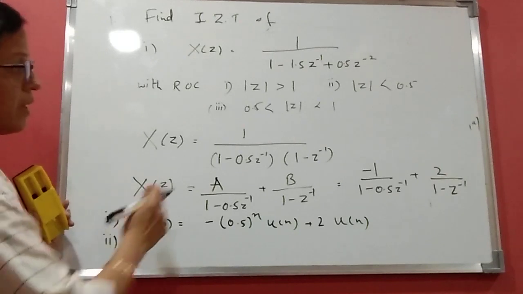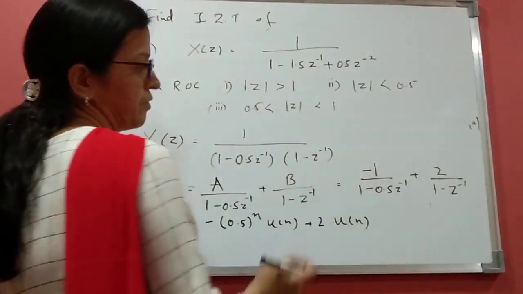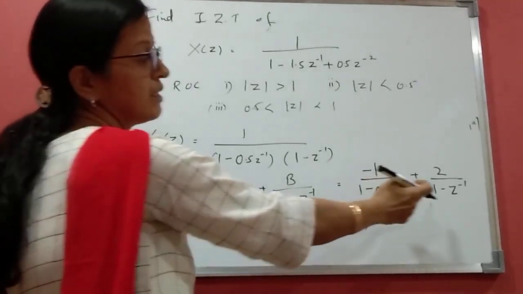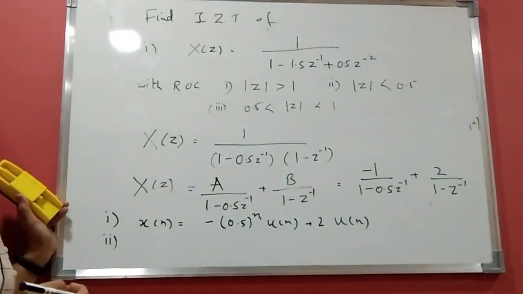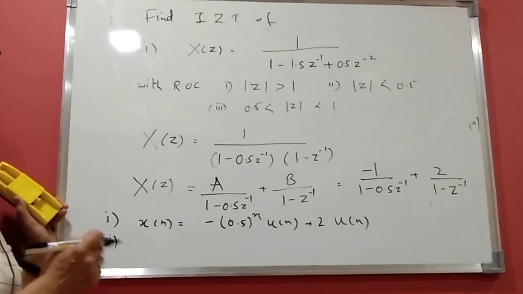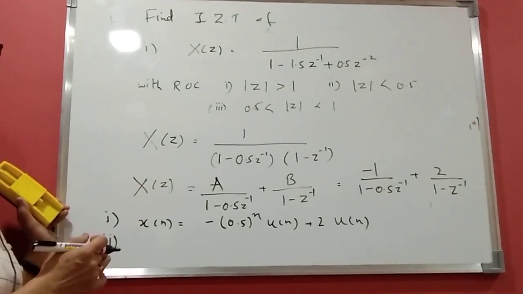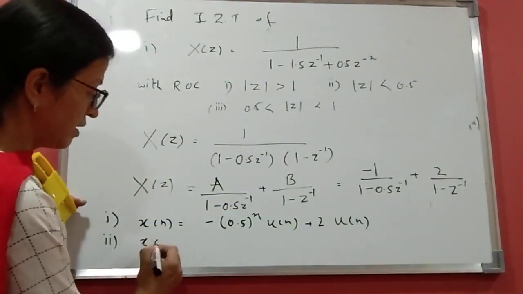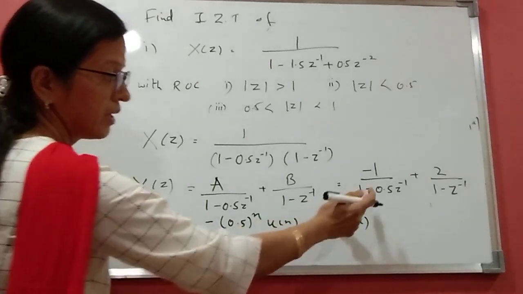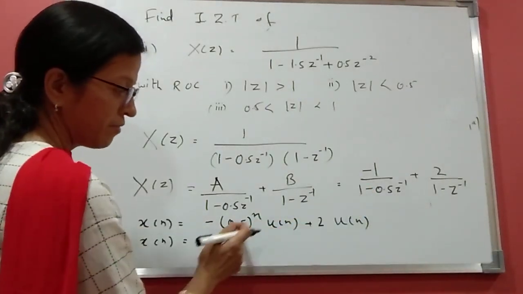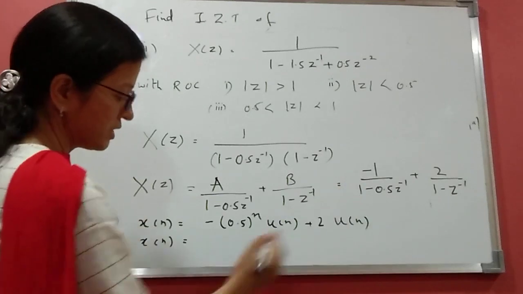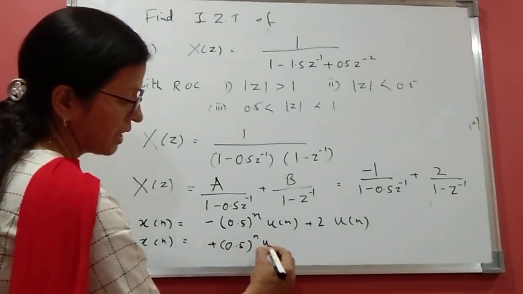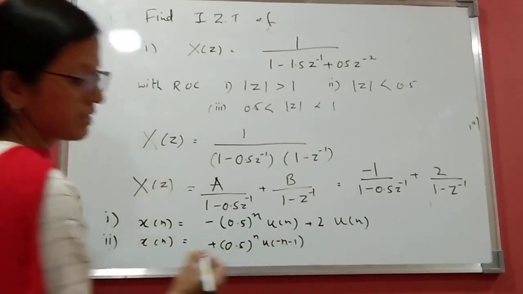Second, when mod z is less than 0.5, this is an anti-causal signal and this is also an anti-causal signal, and we know that for an anti-causal signal the Z transform is the same with a negative sign and the ROC is opposite. So x[n] will be equal to, this is the Z transform of 0.5 raised to n, but since it is anti-causal, the sign becomes plus, 0.5 raised to n u[minus n minus 1].